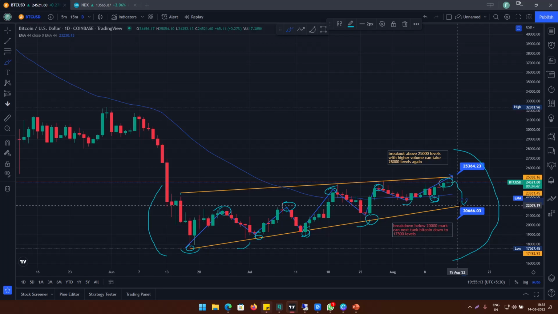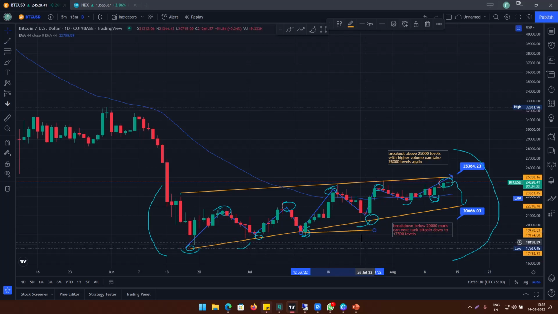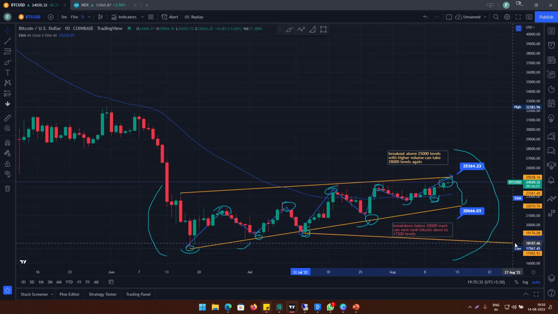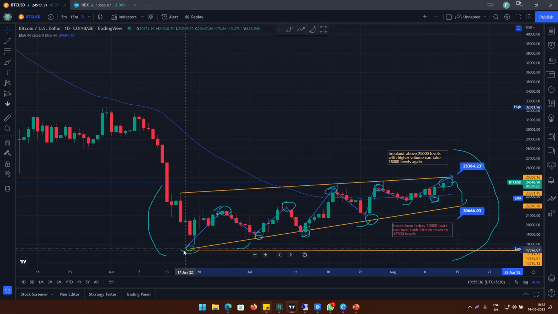So let's assume that Bitcoin breaks below 22K. The first low it can achieve is approximately 19,500, and the final goal would be 17,500, because you can see clearly it has a long story to go downwards from here.